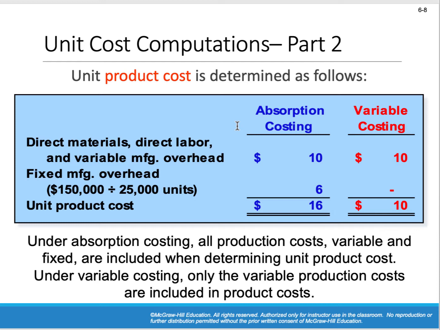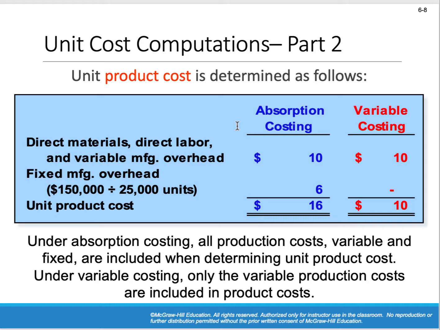Okay? Under variable costing, fixed manufacturing overhead is not a product cost. It is a period cost. It gets expensed as soon as it is incurred. So look at the unit product cost. Under variable costing, it's $6 less. Why? Because of how we handle fixed manufacturing overhead under the variable costing method.